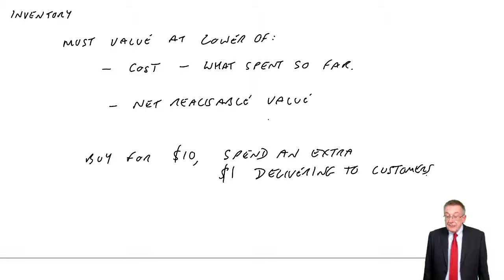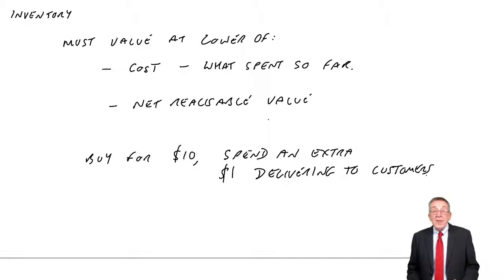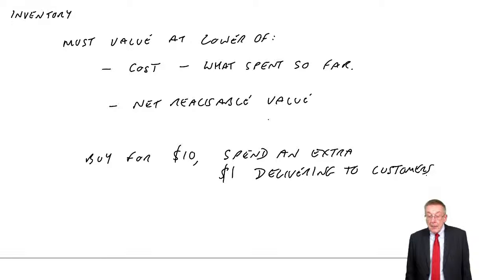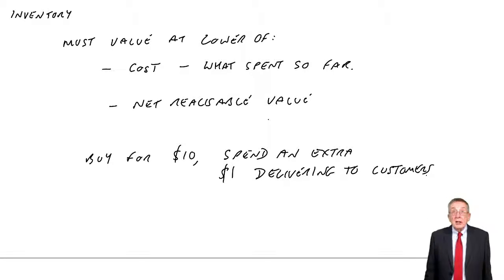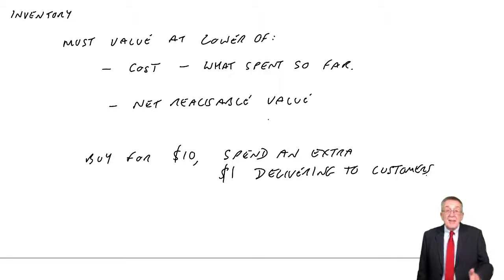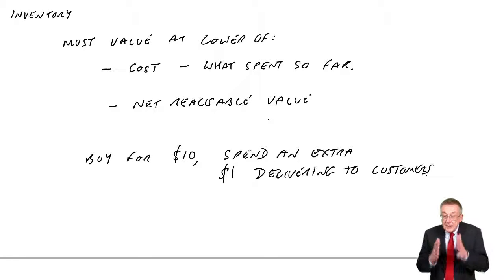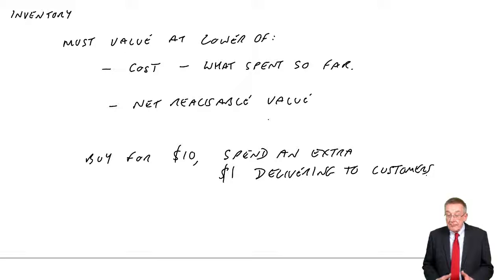So ultimately, it's costing me $11, but at the date of the statement, if these desks are in inventory, I've spent the $10 to buy them. I haven't yet spent the other $1. I'll only spend that when I deliver them to customers. And if it's still in inventory, we haven't spent the extra $1. So even though ultimately it will cost me 11, as at the date of the statement, I've only spent 10. That's what we mean by the cost.